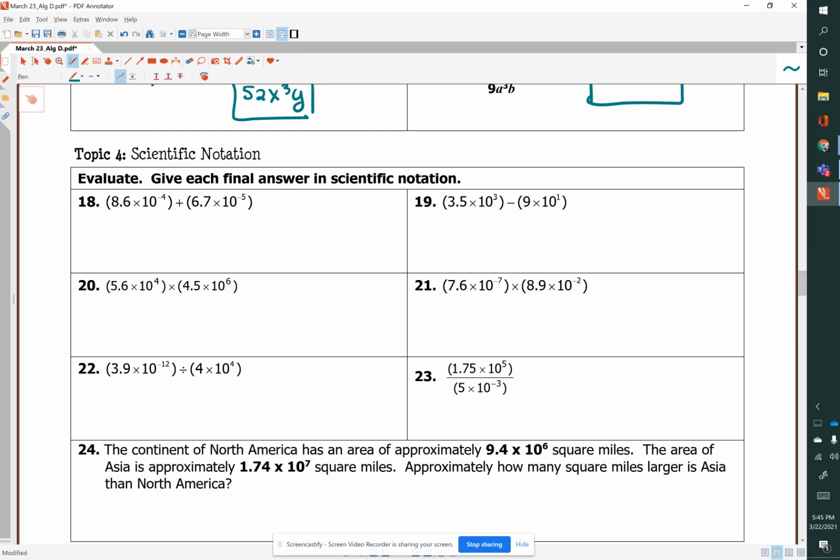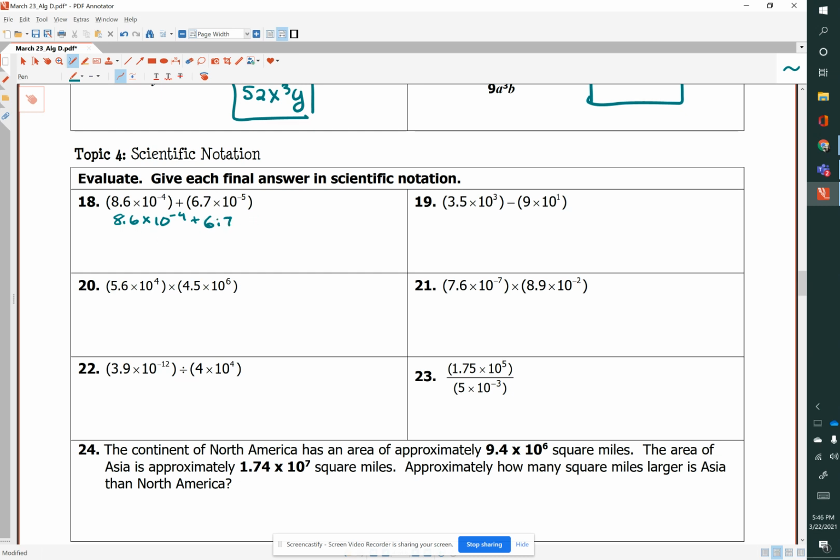For scientific notation, we're going to have to do some conversions. We're asked to give each answer in scientific notation. So the first one is an addition one. So that would be 8.6 times 10 to the negative fourth plus 6.7.